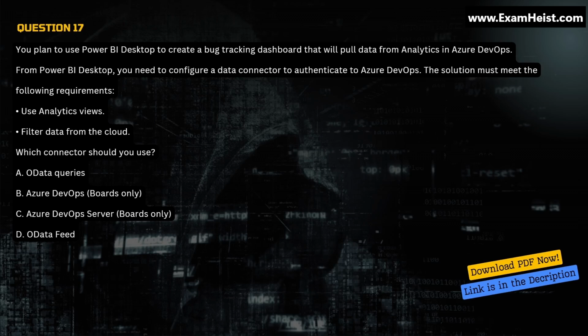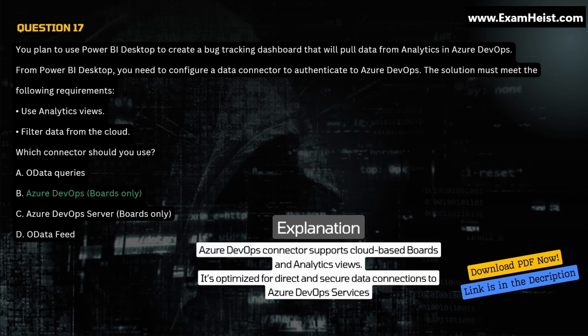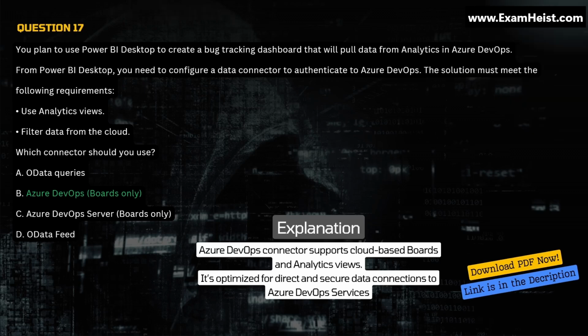A. OData queries. B. Azure DevOps boards only. C. Azure DevOps Server boards only. D. OData feed. Correct answer is B. Explanation. Azure DevOps Connector supports cloud-based boards and analytics views. It's optimized for direct and secure data connections to Azure DevOps services.